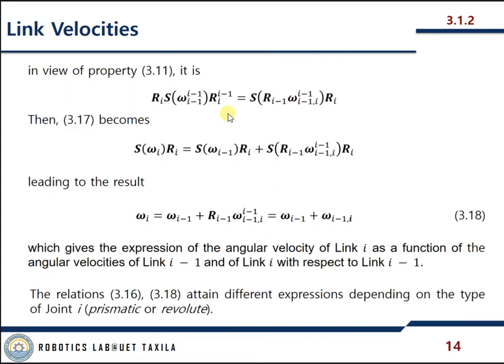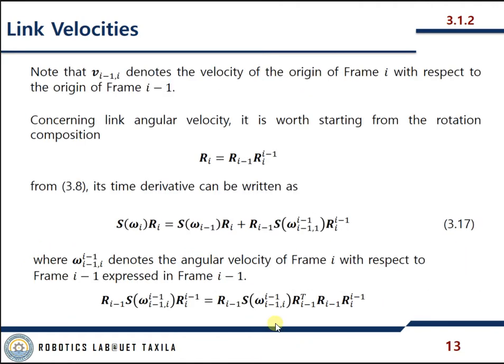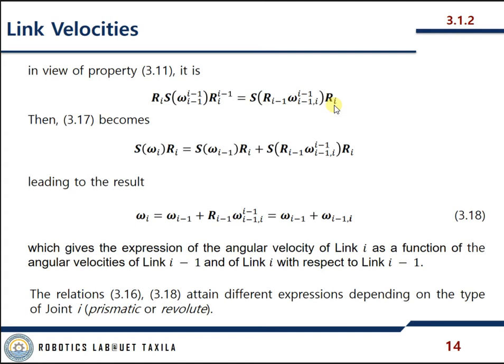So we can write this form like this. We're going to end up simplifying this term as R omega, and the term which would be left, we can just write it as ri. So that's what it is here.